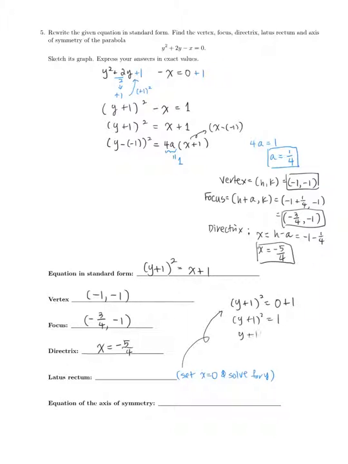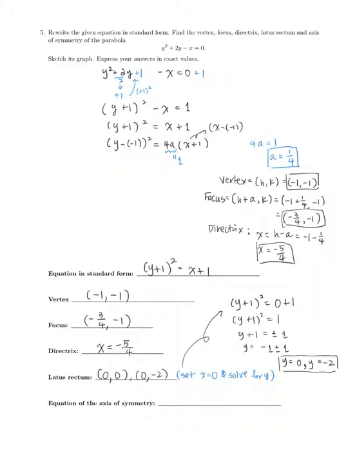Taking the square root, you have plus or minus the square root of 1, which is 1. So y equals negative 1 plus or minus 1. That implies either y is 0 or y is negative 2 when x is 0. So the latus rectum endpoints are (0, 0) and (0, -2).